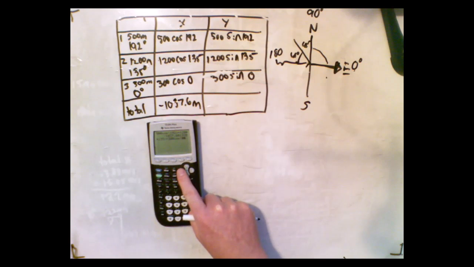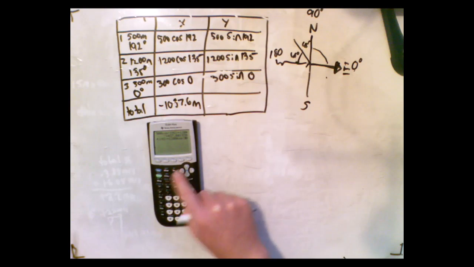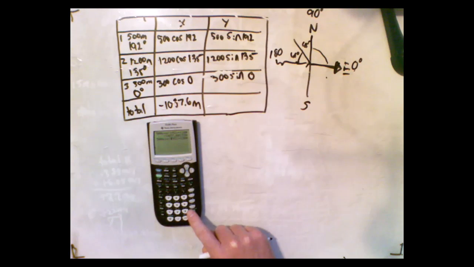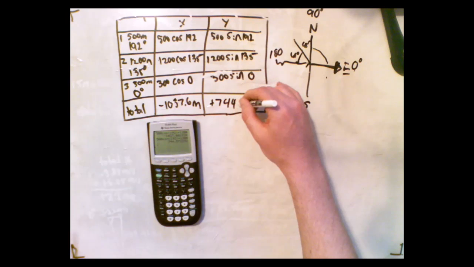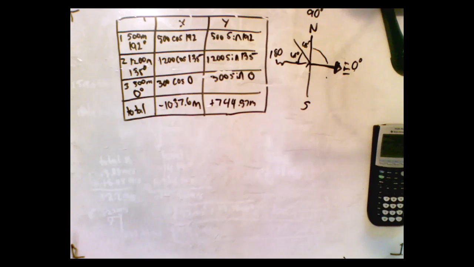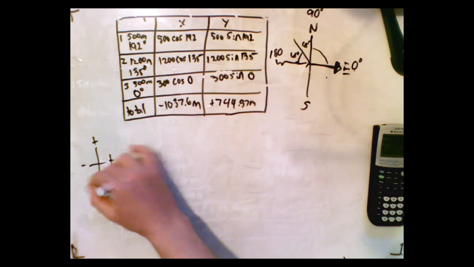And I switch all of my coses to sines. Cos to sine. And cos to sine. And I get positive 744.57 meters.